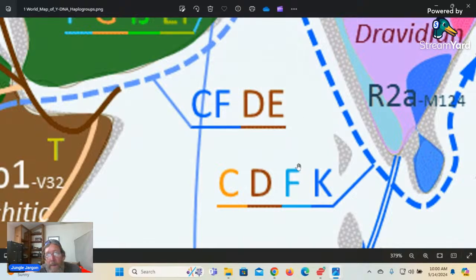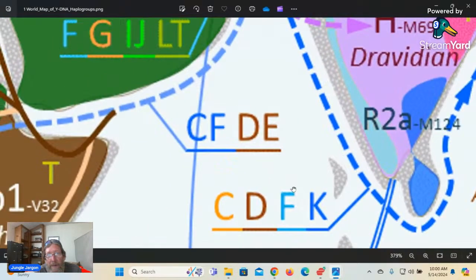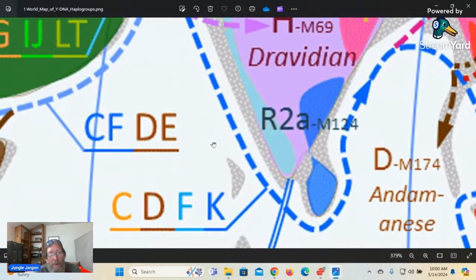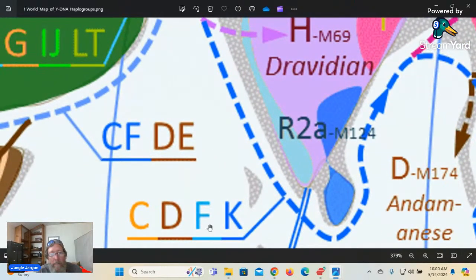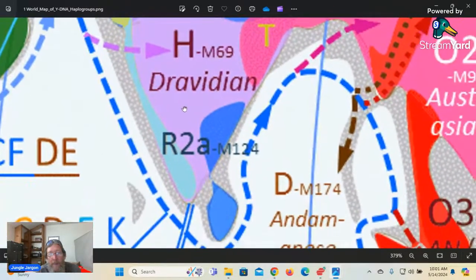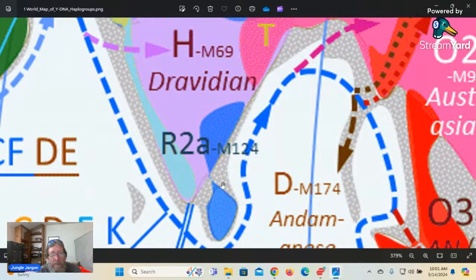They call it the CF marker, because the F has the marker and the C has the marker, but the D and the E do not have it. So they call it the CF marker, X the D and the E. But their idea is that this imaginary dotted line is the route that it took for the F lineage to go over to here and produce the K lineage.